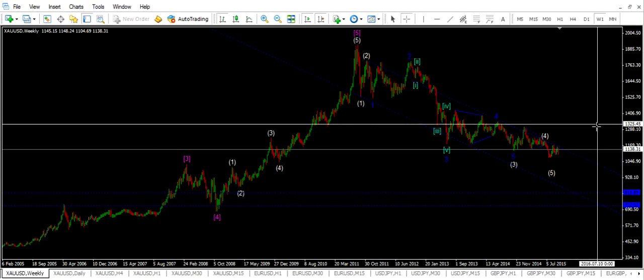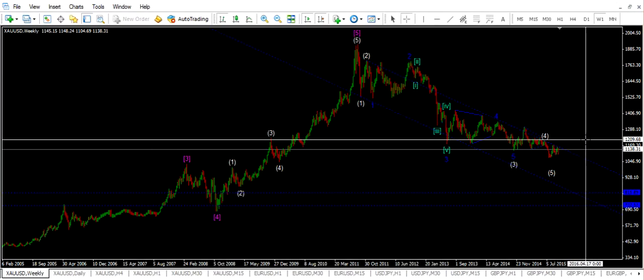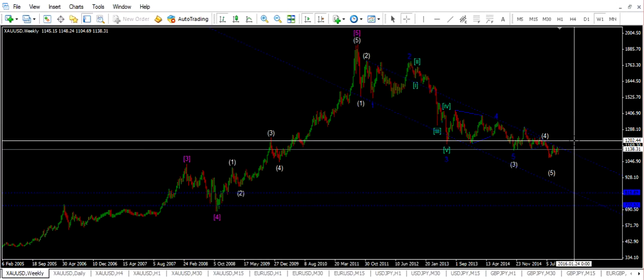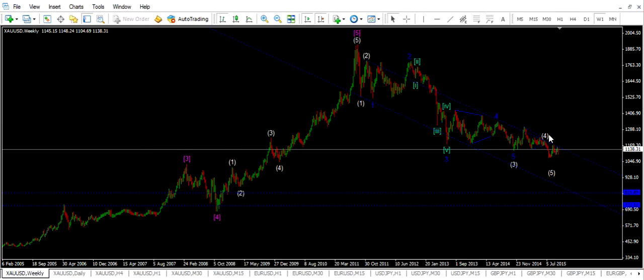So I want to go down to the daily, 4-hour, 1-hour chart to look at this action from this intermediate wave 4 and see the way this intermediate wave 5 is developing.